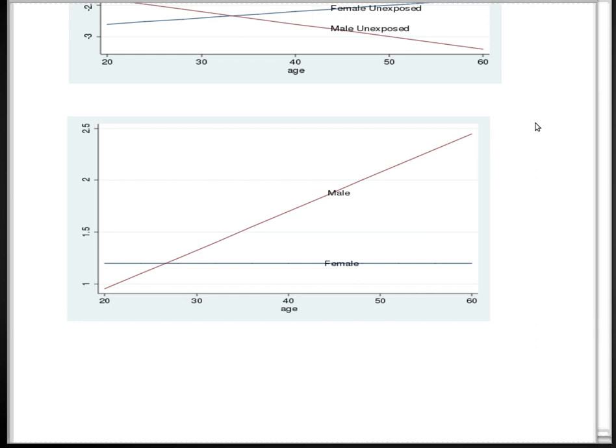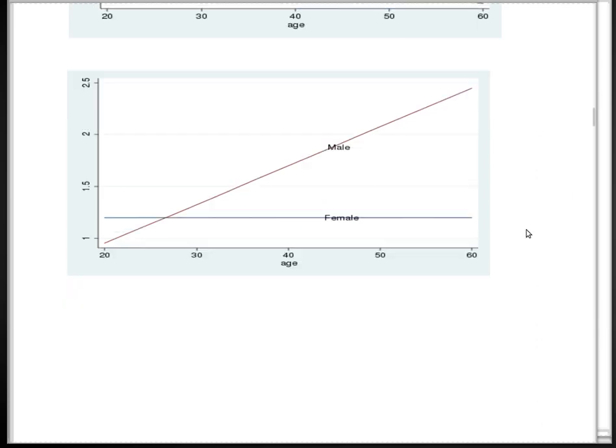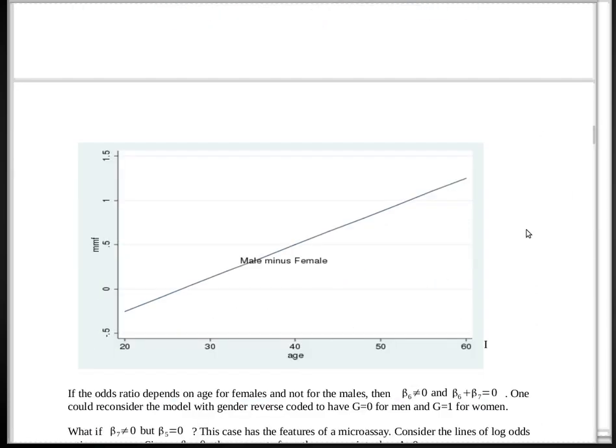Another kind of age modification depending on gender. In this case, we see that there is a dependency on age for the men, but there is no dependency on age for the women. And the difference line would be the same as the line for the men, because of the fact that the line for the women was horizontal.